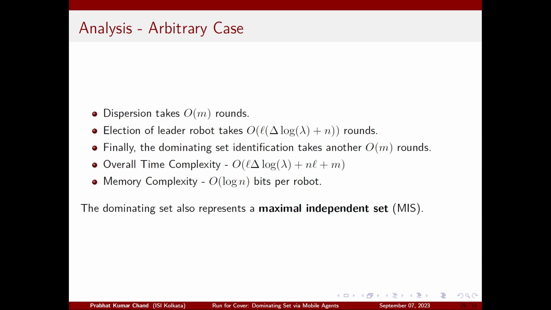Finally, the dominating set identification takes another order of m rounds as it runs similarly to the rooted case. Therefore, the overall time complexity becomes order of L delta log lambda plus nL plus m rounds. The memory complexity remains at order of log n bits per robot. So, similar to the rooted case, the dominating set here also represents a maximal independent set as well.